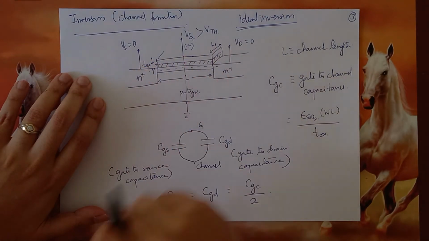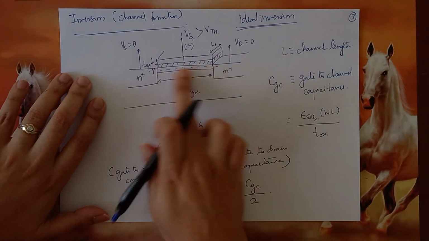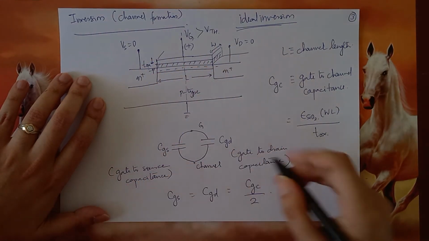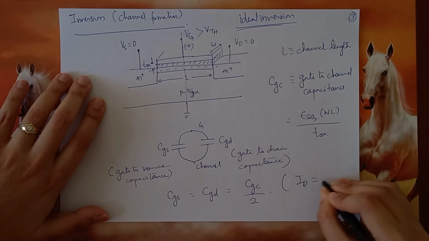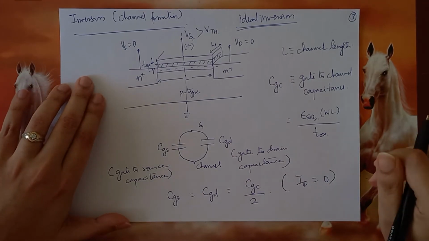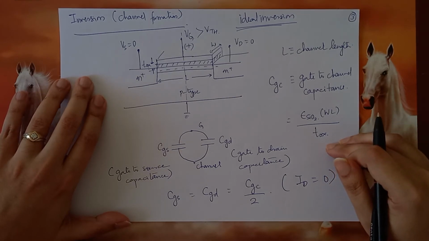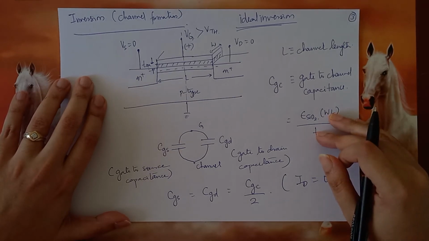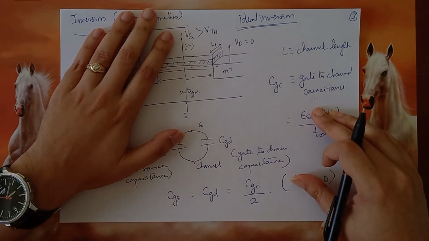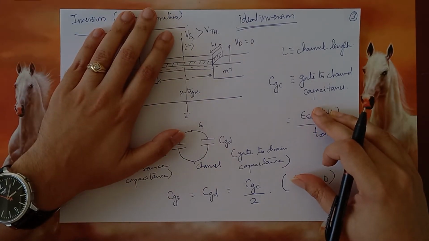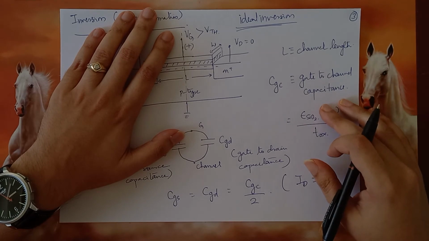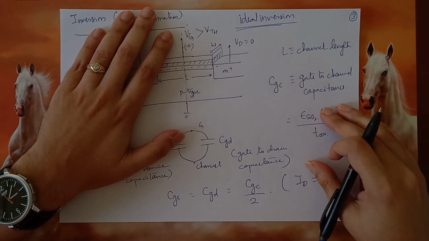So when the source and drain are at the same voltage, there is no drain current. And that is useless for us, because we want there to be some drain current. Otherwise, the notion of the MOS being able to amplify is meaningless. There is no meaning of it anymore.